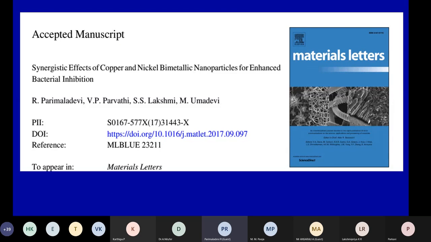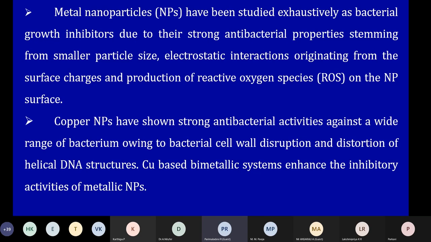In this, we know most metal nanoparticles have been studied extensively as bacterial growth inhibitors due to their strong antibacterial property, stemming from smaller particle size, electrostatic interaction originating from the surface charge, and production of reactive oxygen species on the nanoparticle surface.